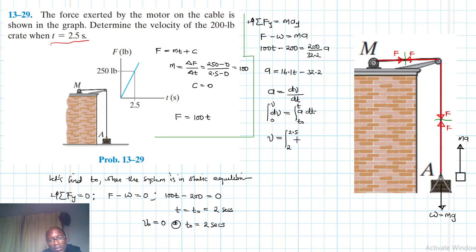And our acceleration we calculated is 16.1t minus 32.2, dt. If we integrate this, it becomes 16.1t squared divided by 2 minus 32.2t.